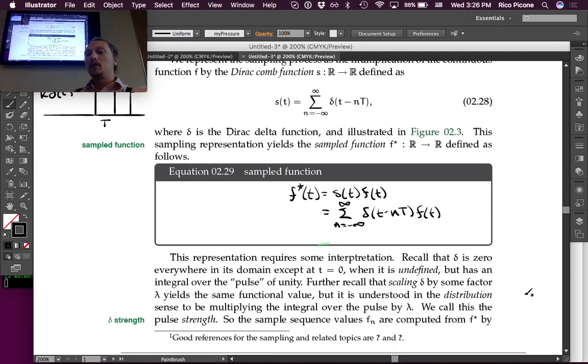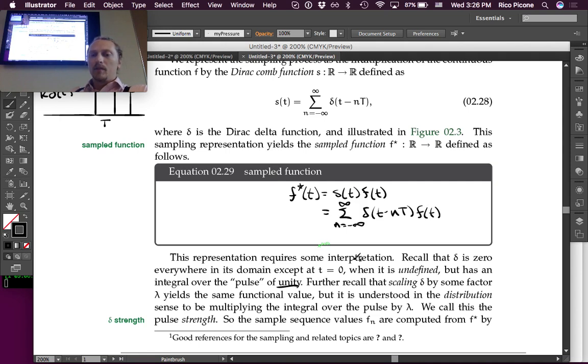Recall that delta is 0 everywhere in this domain except at t equals 0, when it is undefined, but has an integral over the pulse of unity. So if you integrate over that pulse, the peak, you get 1.